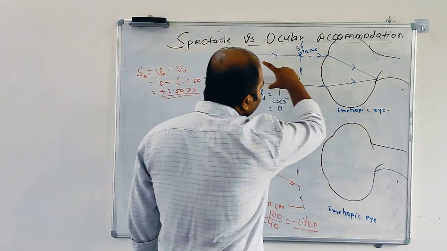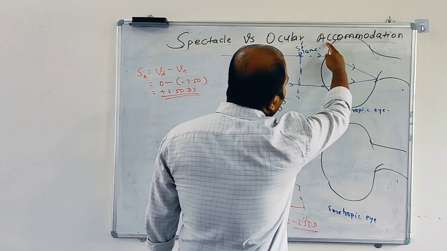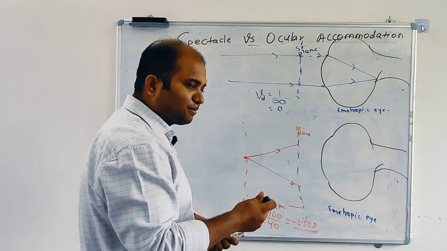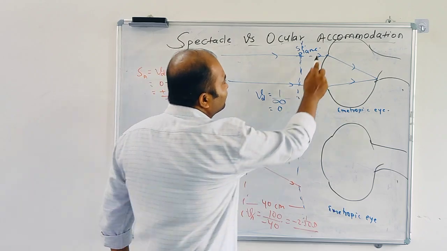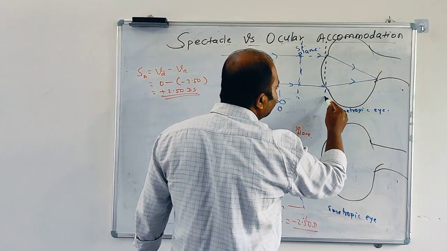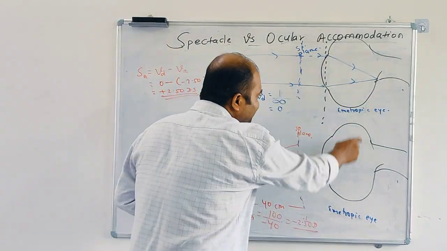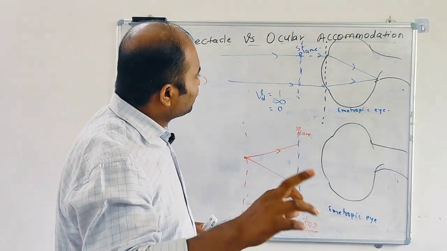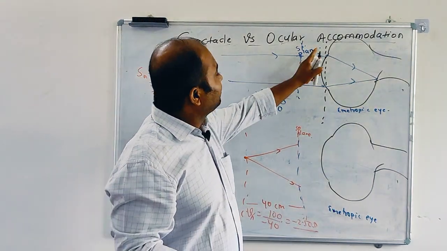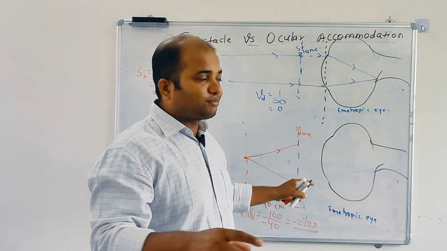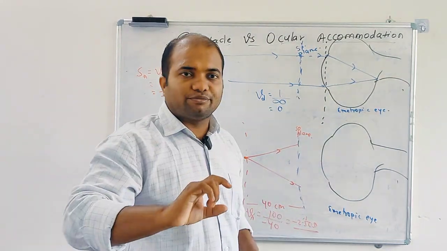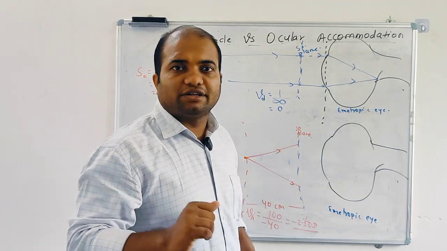So the light still continues to pass parallel up to the ocular plane or principal plane, right? Yes. So same diagram I am using, okay? You have to draw a different diagram for spectacle accommodation, and now we are going to talk about ocular accommodation. So both diagrams you need to make separately when you are writing in the exams, right?